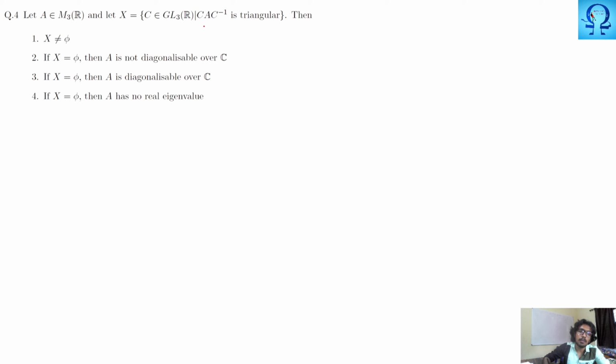So when do we say a matrix is triangular in R? Only when all the eigenvalues are present in R itself, right?